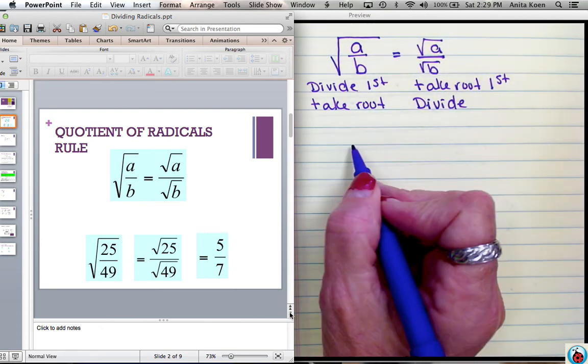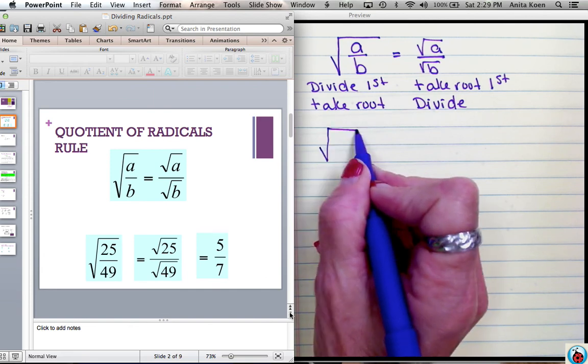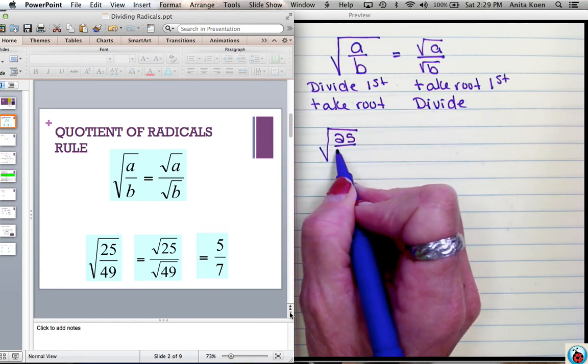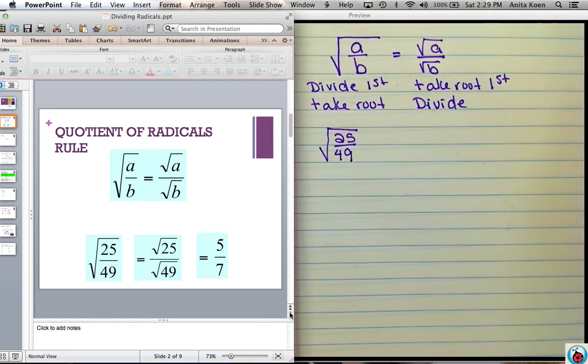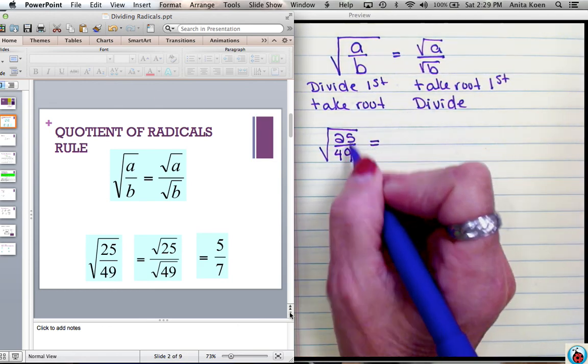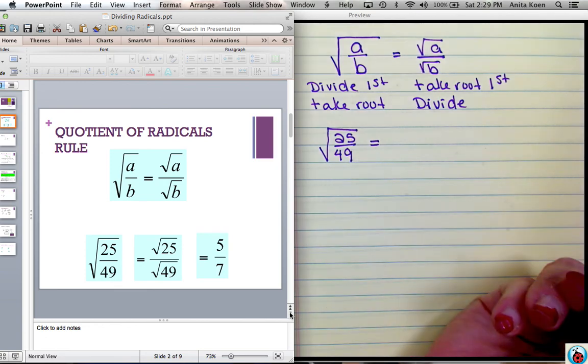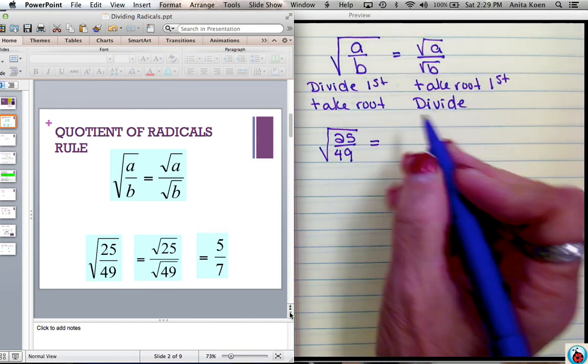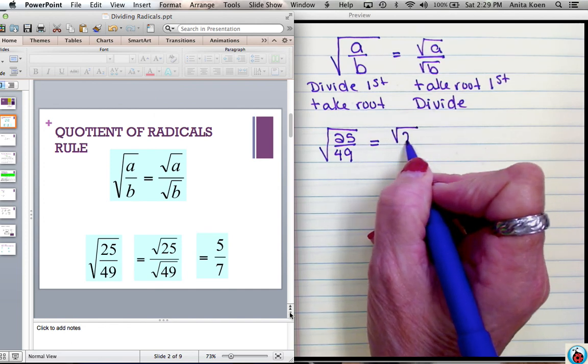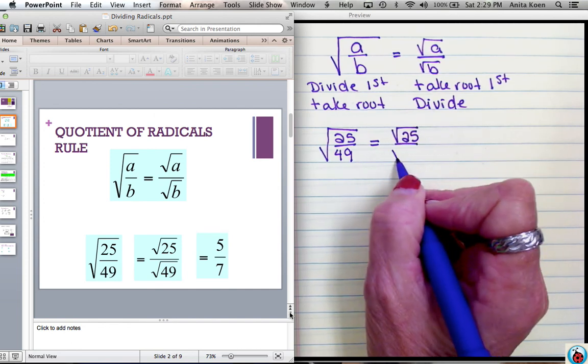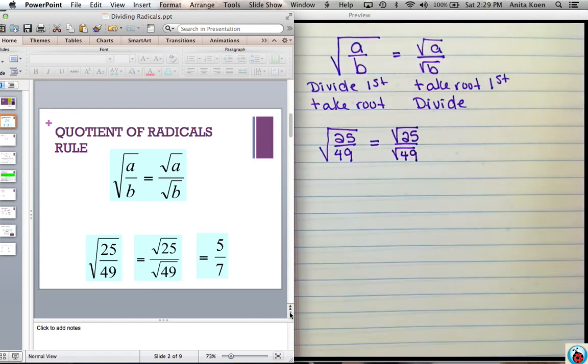So let's look at the example that's in front of us. We have the square root of 25 divided by 49. 25 49ths is a fraction, but 25 isn't evenly divisible by 49, and I can't really do anything with that without getting a decimal. So I want to choose to take these roots first.